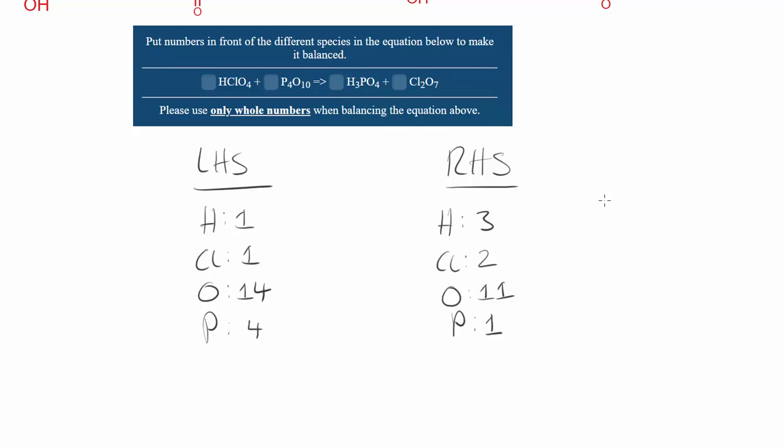One of the things that I can see here is we could try to address the phosphorus, right? So if I do try and address the phosphorus, where we've got only 1 on the right hand side and 4 on the left hand side, so you've got 4 more on the left hand side.